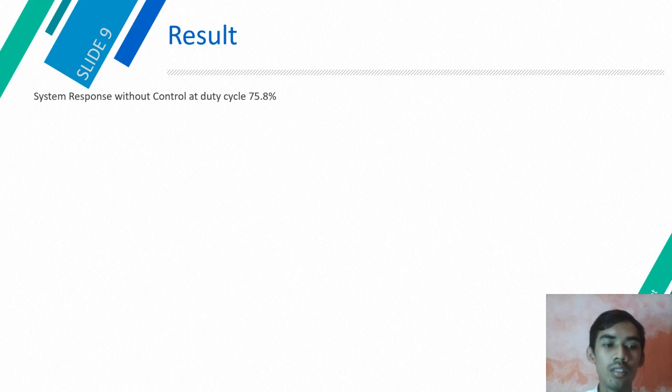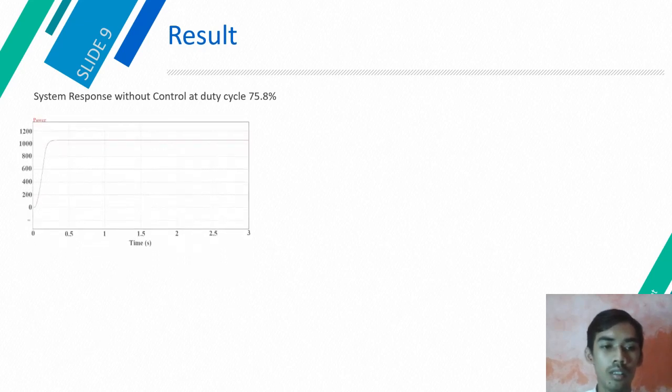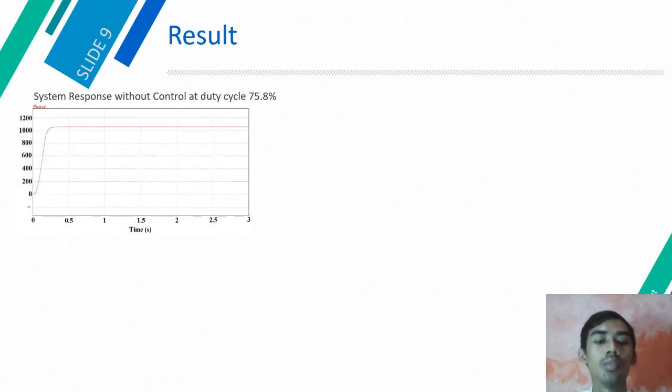This is the result of the simulation. The first one shows the system response when the duty cycle is 75.8% like the converter design, but the output power exceeds that of the converter design, which should only be up to 900 watts.